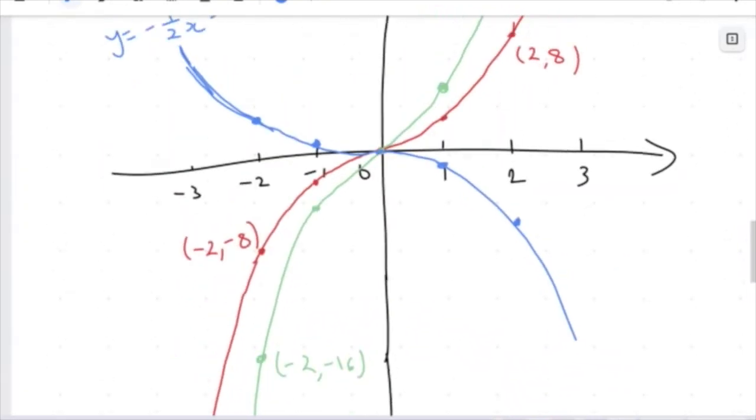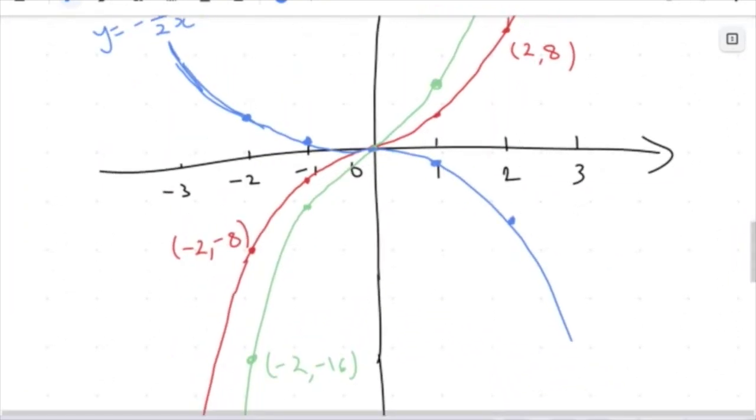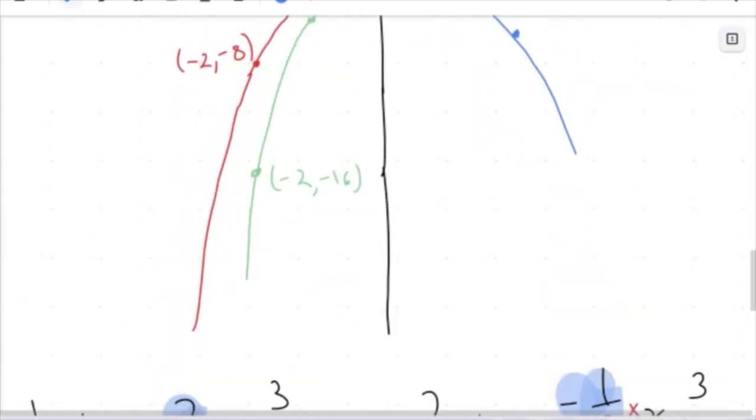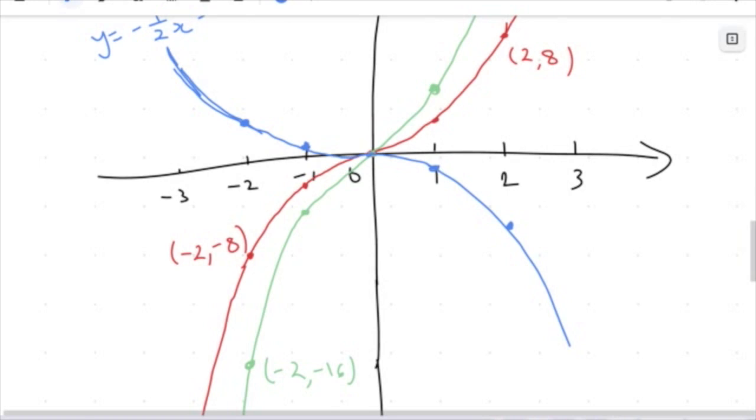And looking at the points, they are once again scaled by a half, because here my negative 2, my y coordinate is 4, and it's not only scaled by half, not only do I go from 8 to 4, but it's scaled by negative a half. So my negative points on my original cubic become positive.